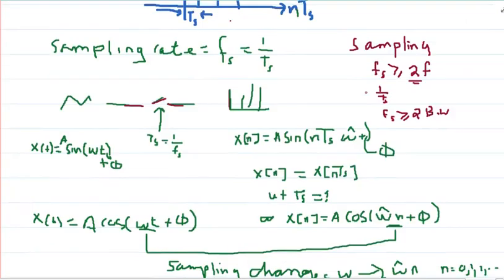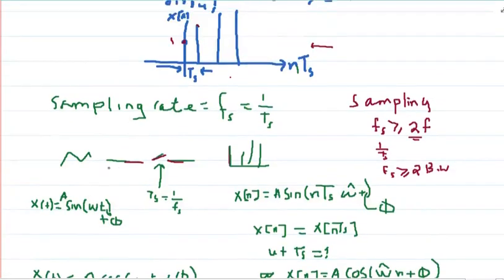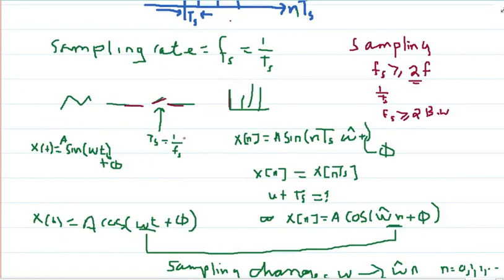Okay, now when we sample the signal, what happens? We have to sample it at a certain sampling rate, Fs, which is 1/Ts from this relation. This is the sampling rate here. So what happens when we sample this signal? Assume we have this signal, x(t) = A sin(omega t + phi), where A is the amplitude.